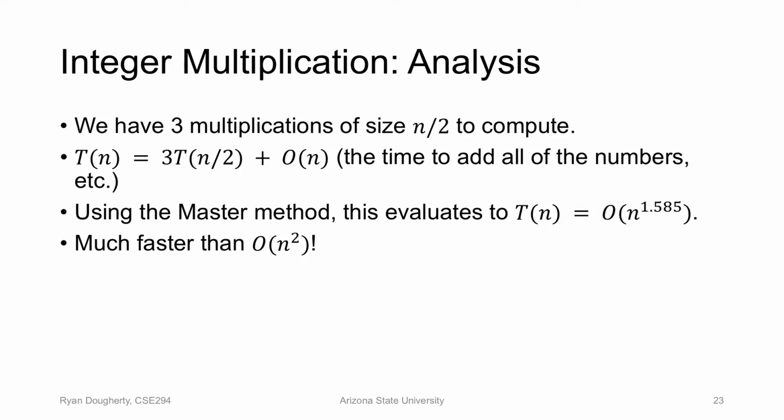Much faster, because like we saw that n squared to n log n was a huge speed up. This one's not quite as dramatic, but it's actually very dramatic. It doesn't really work in practice very well for small integers, but it works very well for large integers.